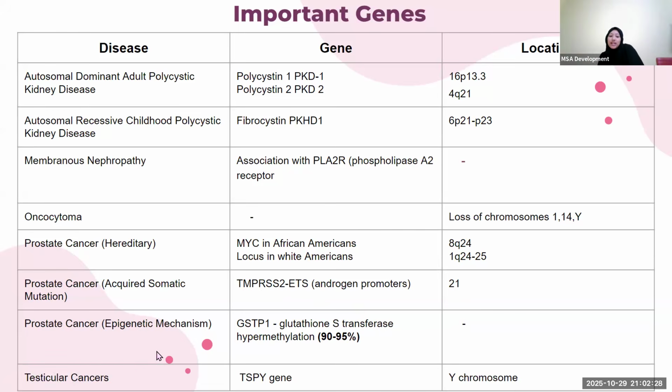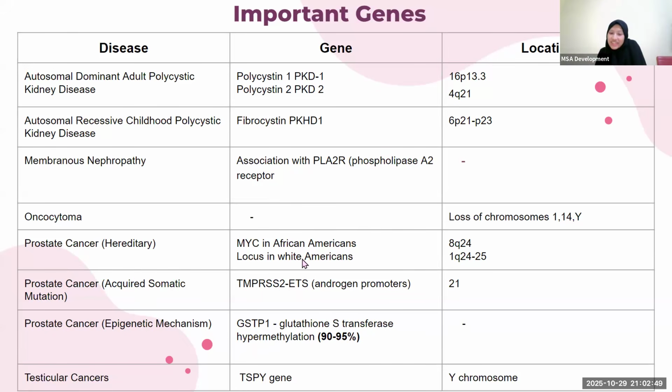Prostate cancer epigenetic mechanism: in 90 to 95%, the most common for primary prostate cancers is hypermethylation of GSTP1, glutathione S-transferase, which is the one in the MCQ. The acquired somatic one is less common than this. So just be careful of that.